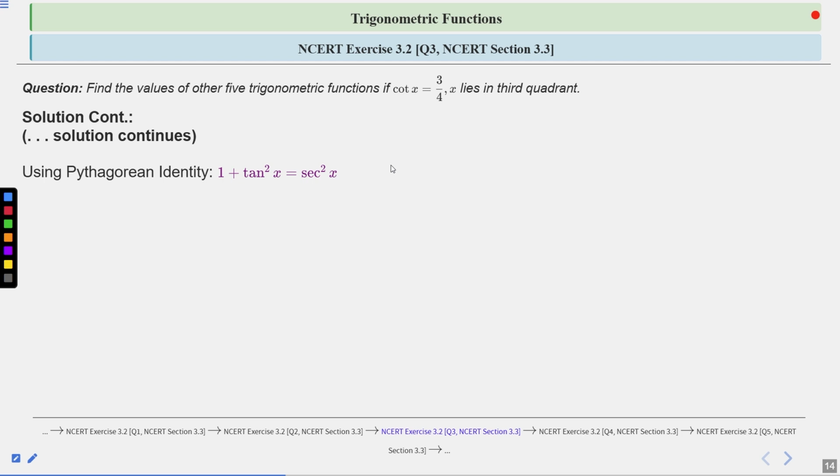Now using the Pythagorean identity, 1 plus tan square x is equal to sec square x.